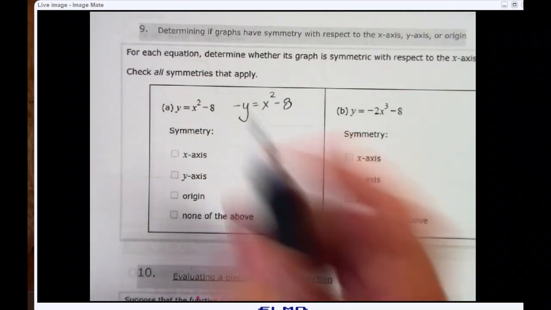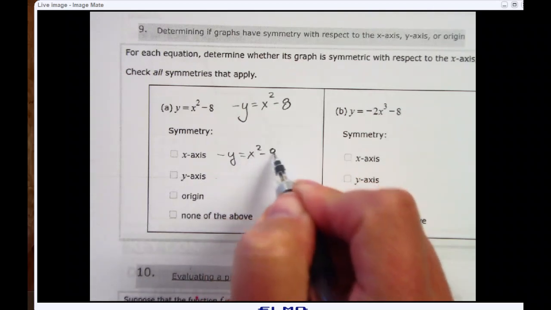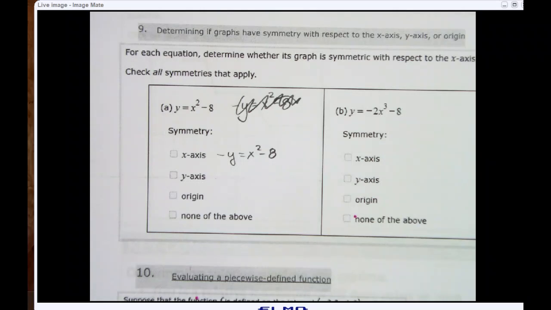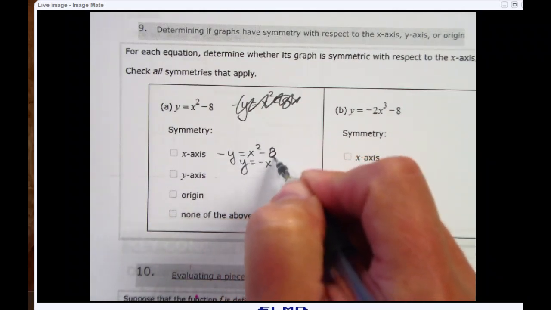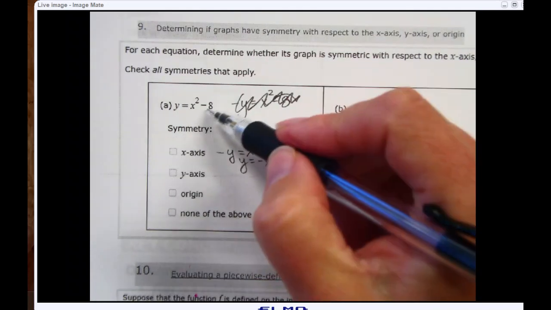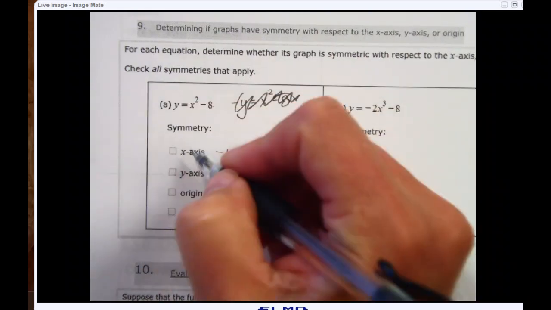I'm going to write it right here because that's where we're doing it. I'm going to simplify everything I can. Negative x squared plus 8. I really didn't need to do that, but are those equations equivalent? The one we started with and the one we simplified. So that's why this one is a no.